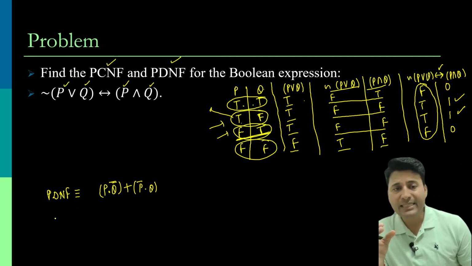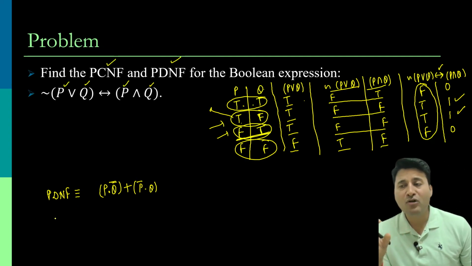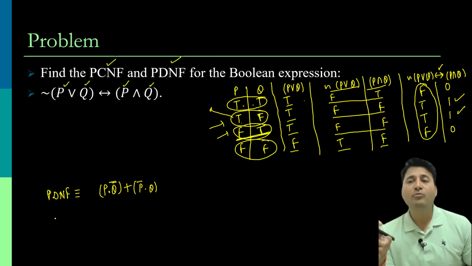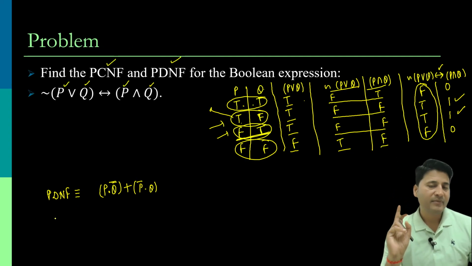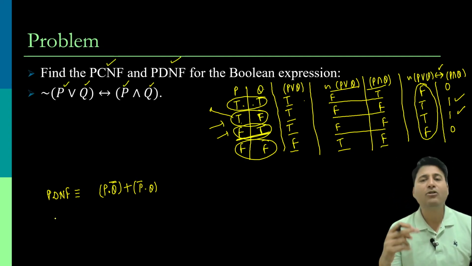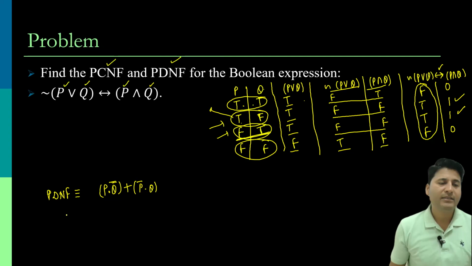Once again summarizing, in PDNF, focus on output 1 and write the minterm for those output 1 inputs. If it is T, write the original variable. If it is F, write the complement of that variable.